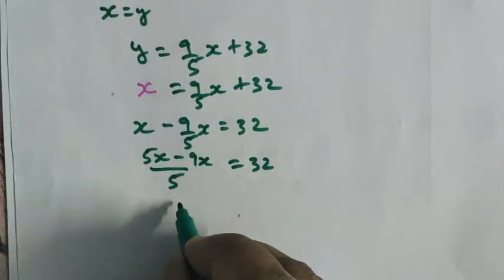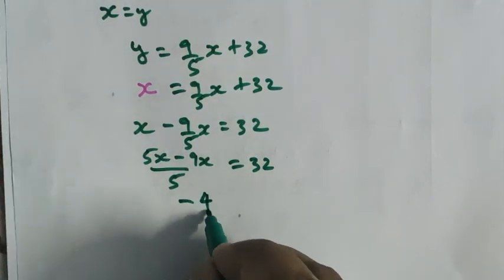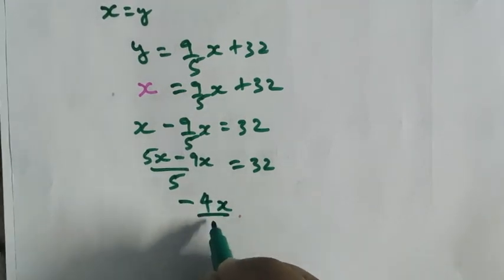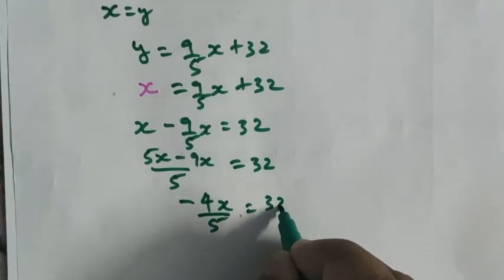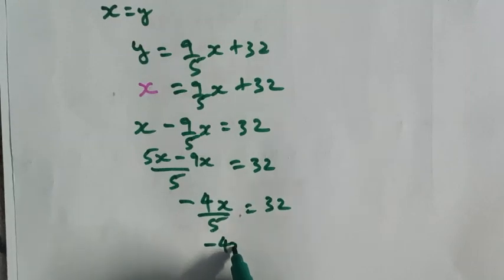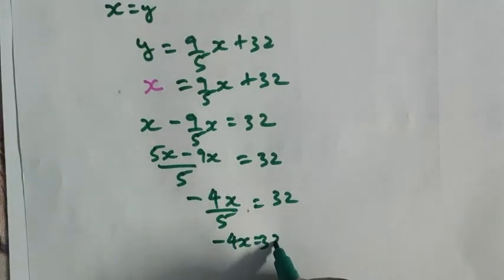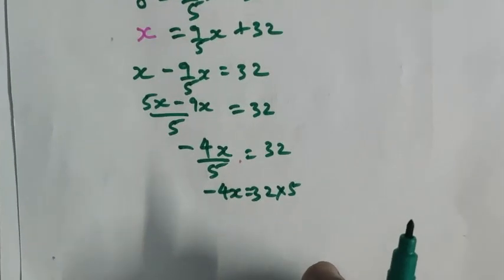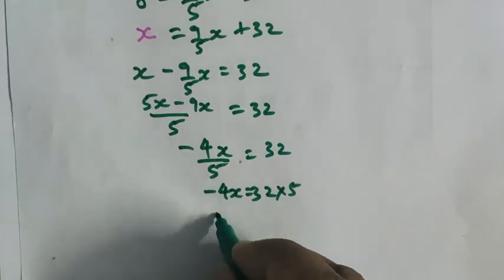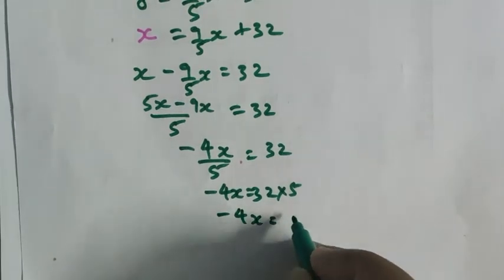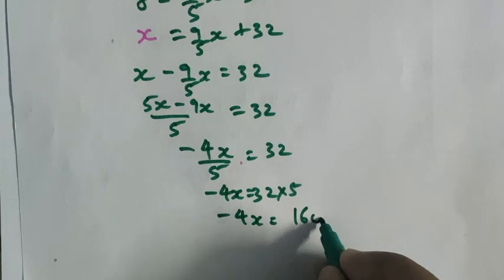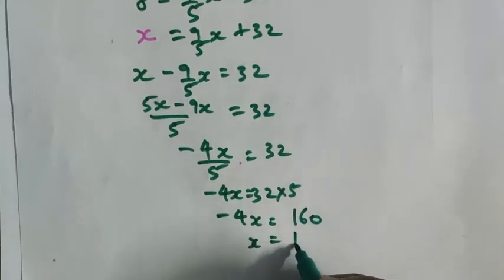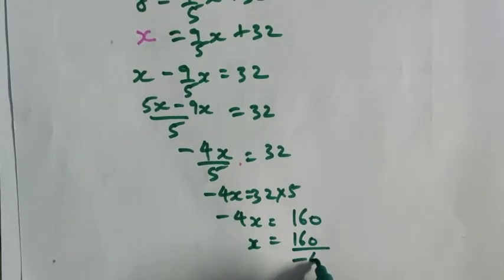So 5x minus 9x will be minus 4x upon 5 equals 32. Now minus 4x will be equal to 32 into 5, that is minus 4x equals 160, x equals 160 upon minus 4.